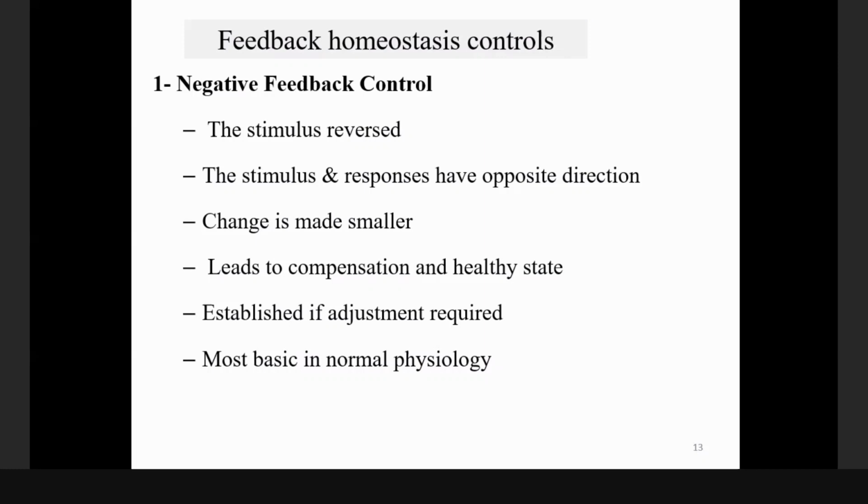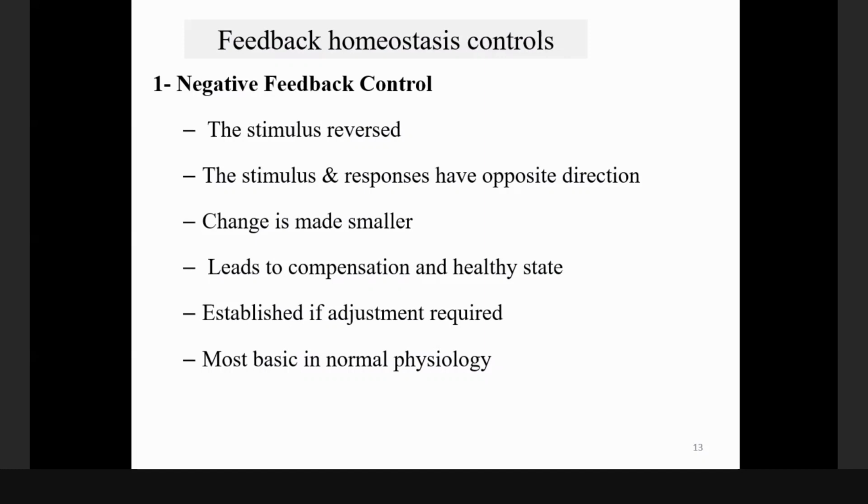So the stimulus that brings a change is going to reverse it, to oppose it, in such a way that the stimulus and the response from your body have opposite directions. Then the change is made smaller.